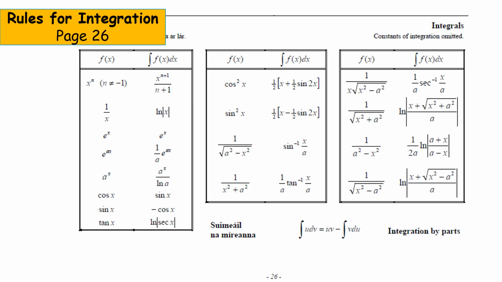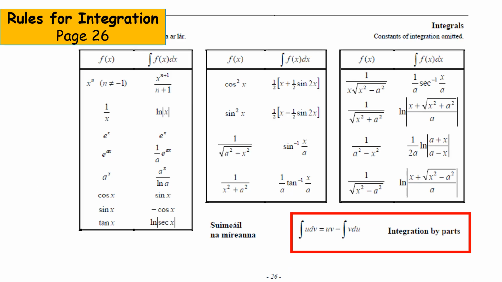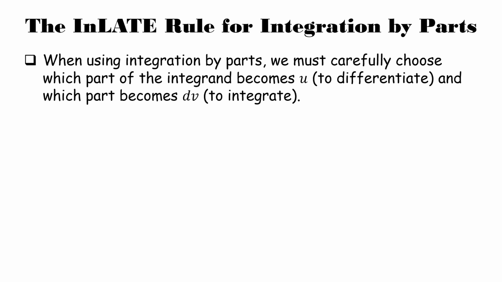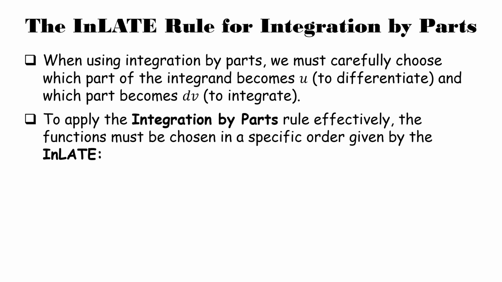So here is the formula for integration by parts, and the order in which we want to break up our function into u and dv follows very specific rules. So this is the INLATE rule for integration by parts. When using integration by parts, we must carefully choose which part of the integrand becomes u to differentiate and which becomes dv to integrate.